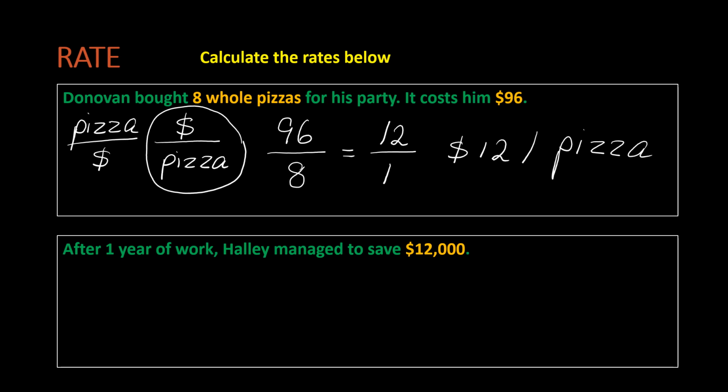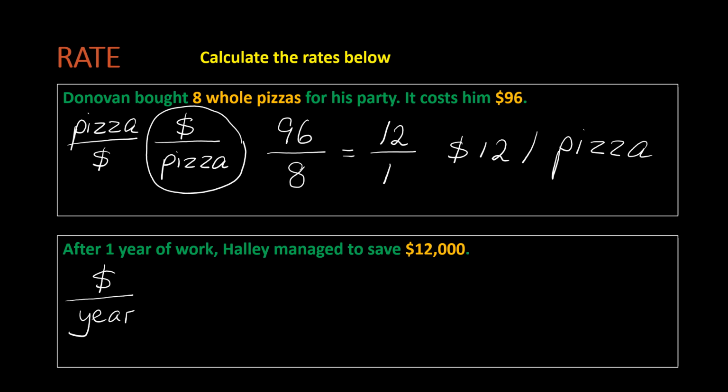Let's try another example. After 1 year of work, Haley managed to save $12,000. Now, it would make a lot more sense if we put dollar per year.